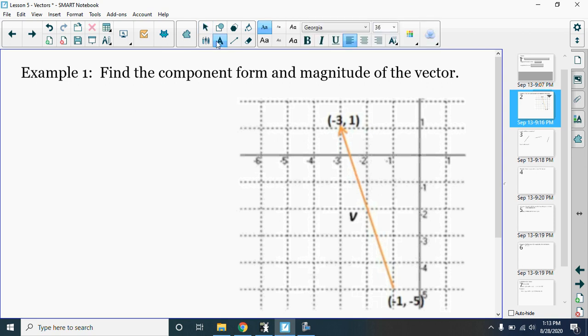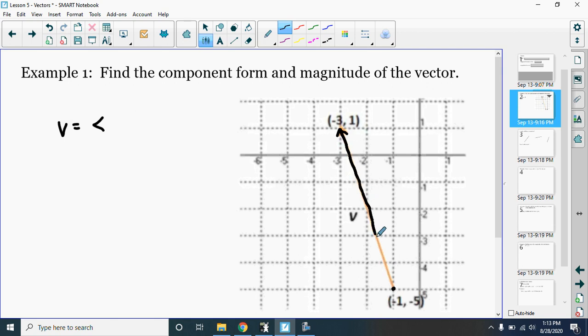So to get the component form, the vector is equal to the change in x. So I started here, I'm ending here. To go from there to there, my change in x is I go left 2, negative 2, and up 1, 2, 3, 4, 5, 6.